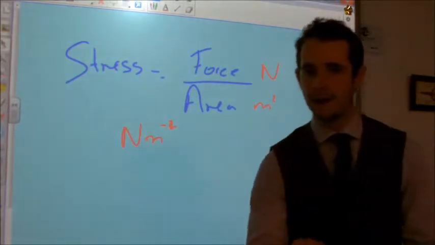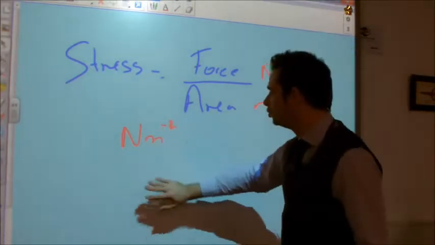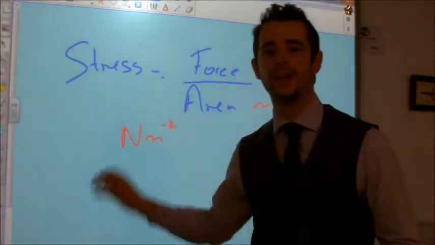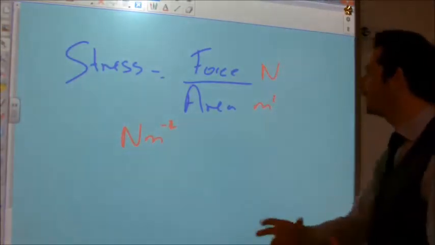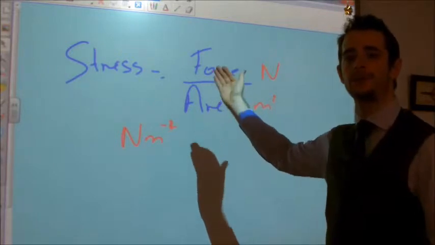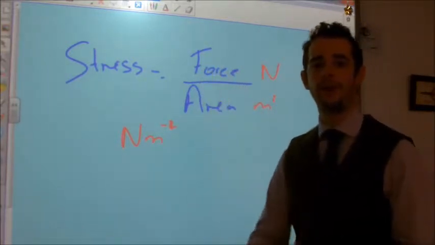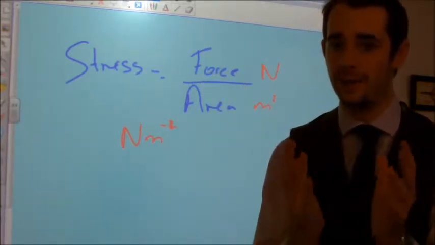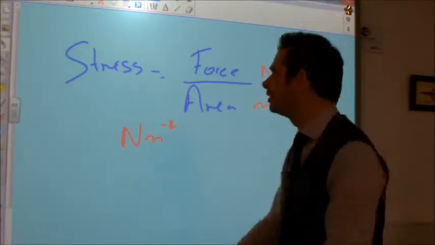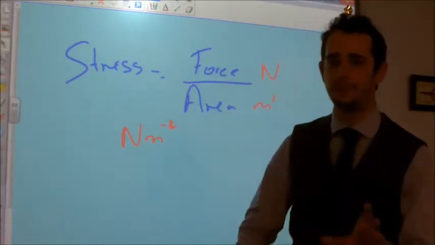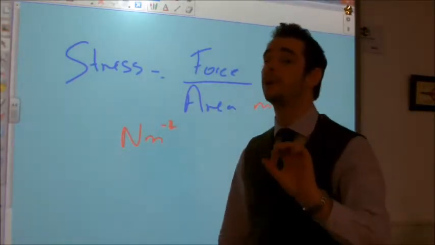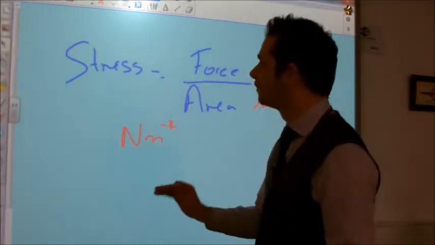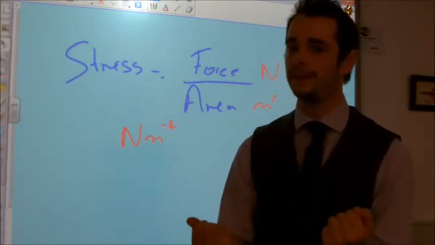Okay, so hopefully you recognise that newtons per meter squared is exactly the same as if we were talking about pressure, which kind of makes sense really, because pressure is nothing more than force divided by the area over which that force is exerted. So this definition makes sense for both of them, and they're both very similar quantities, but of course we talk about them in completely different contexts.